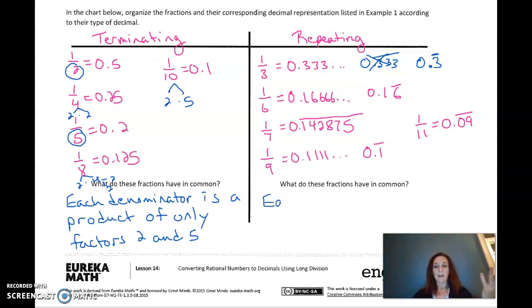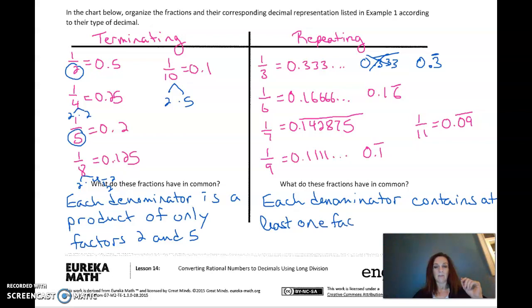Over here, each denominator contains at least one, maybe more, factor other than 2 or 5.